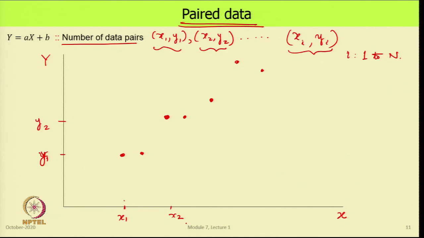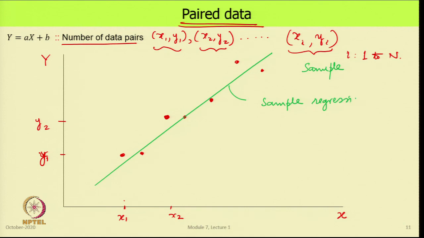And now my objective is, in a linear regression, what you may have already come across, that I want to fit a line to this. So, this is data which we call our sample, and this curve that we make here, this is what we call a sample regression, or this is also referred to as curve fit.